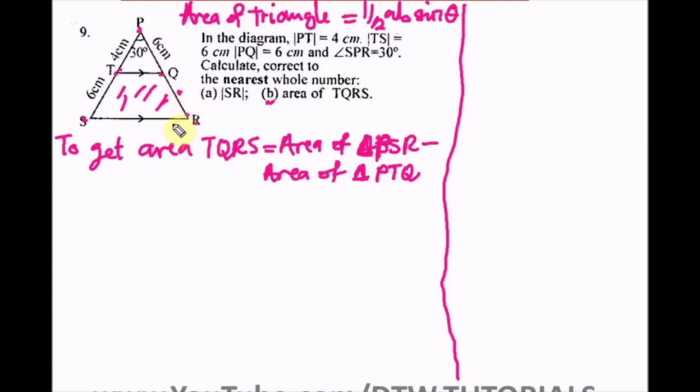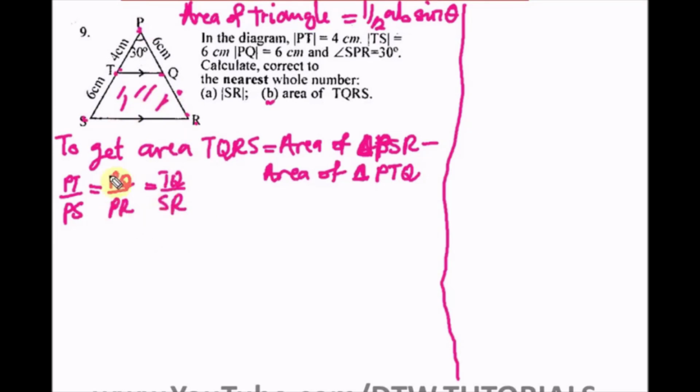And remember, this is a similar triangle. From our question 9a, we stated that for similar triangles, we have two triangles here, PTQ and PSR. For similar triangles, PT over PS is equal to PQ over PR, which is also equal to TQ over SR, since these triangles are similar.